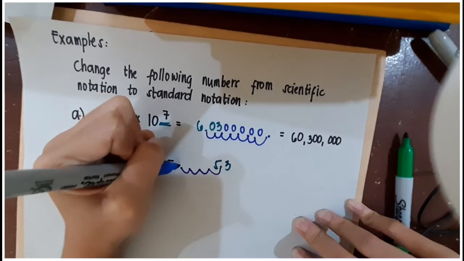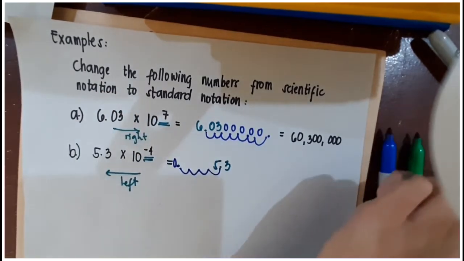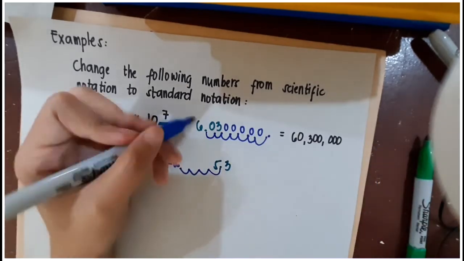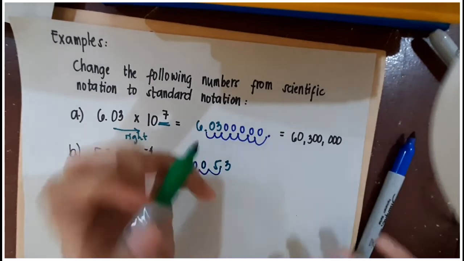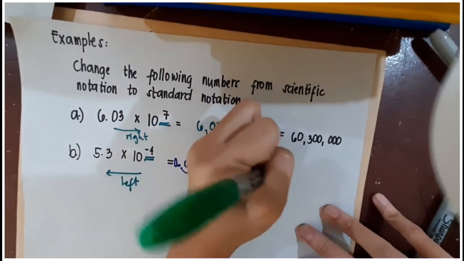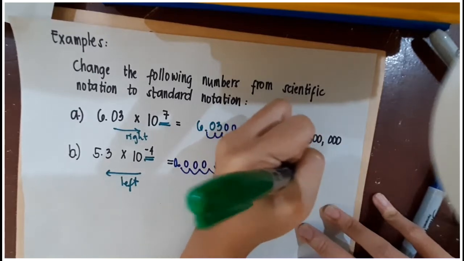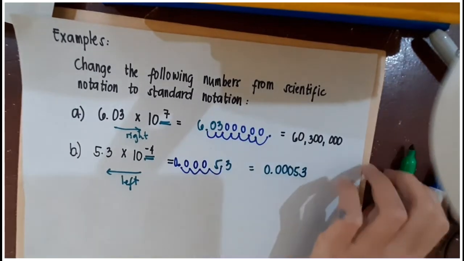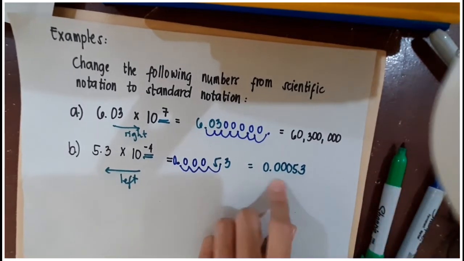Okay. This is now your decimal point, and then you write 0 before your decimal point, and then you add zeros here. Okay. So you write this, you have your standard notation, that's 0.0053. Okay. So this is now your final answer.